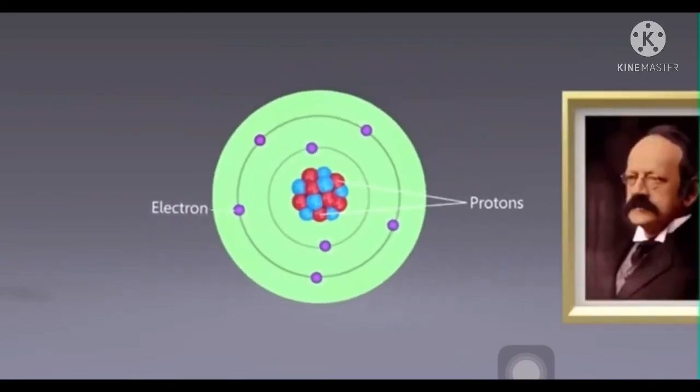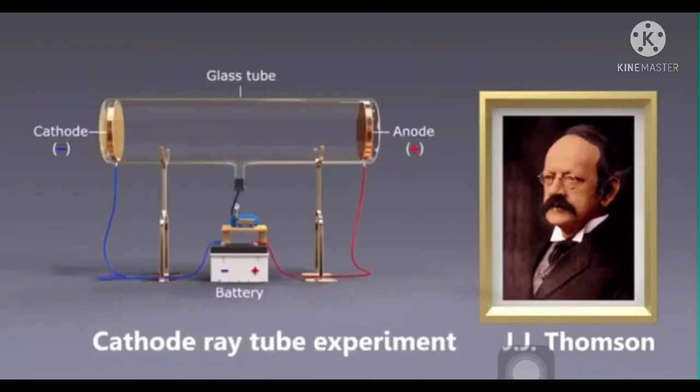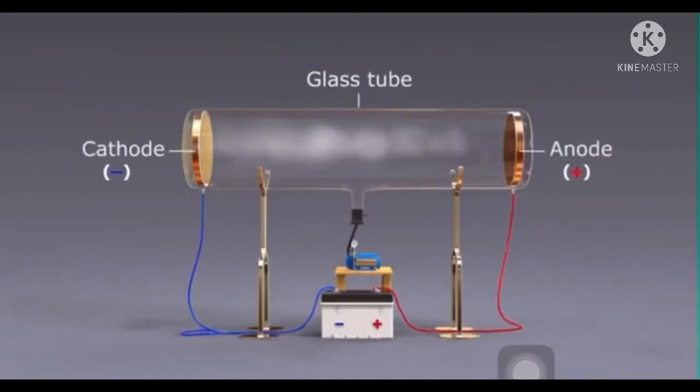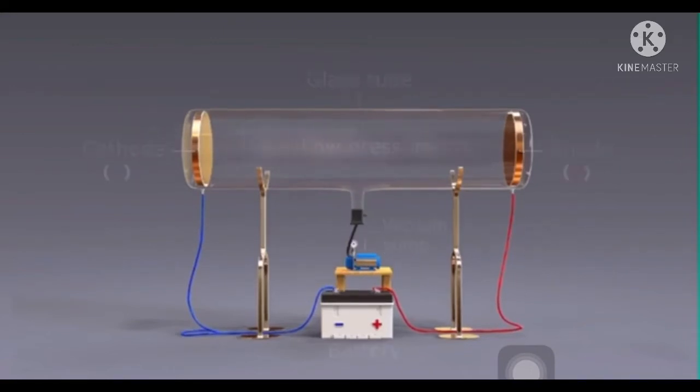So let us start with electrons, which were discovered by J.J. Thomson by the cathode ray tube experiment. The apparatus consists of a glass tube containing gas and two electrodes at its two ends connected to a battery. The gas inside the tube is at very low pressure, and this pressure is maintained by a vacuum pump.